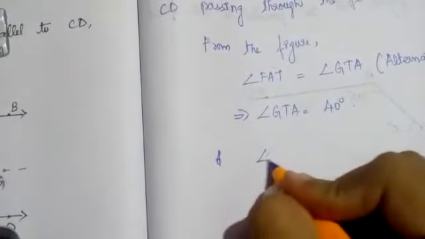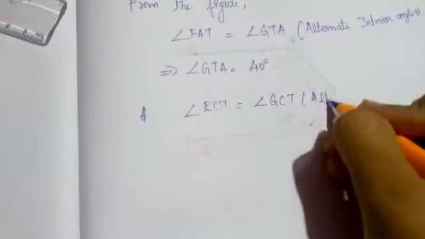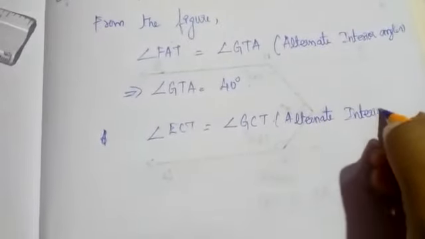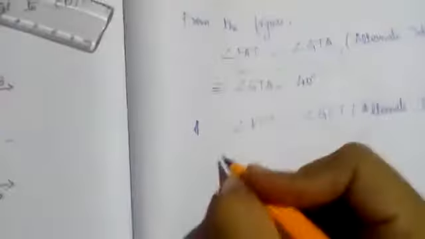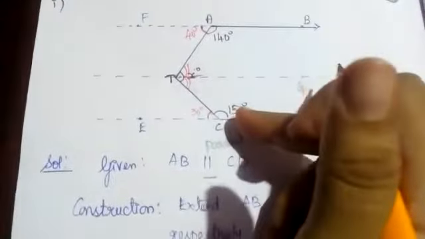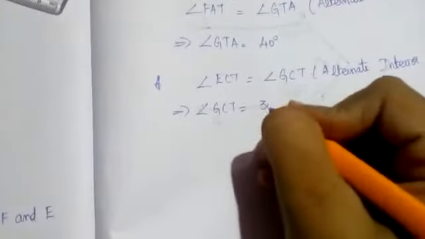Again from the figure, angle ECT is equal to angle CTG, or GTC. Why? Because they are alternate interior angles. You have to mention it compulsorily. Which implies angle GCT is equal to angle ECT. Now what is the value of angle ECT? 30 degrees.